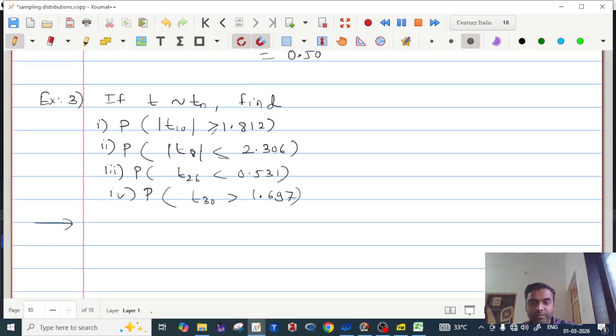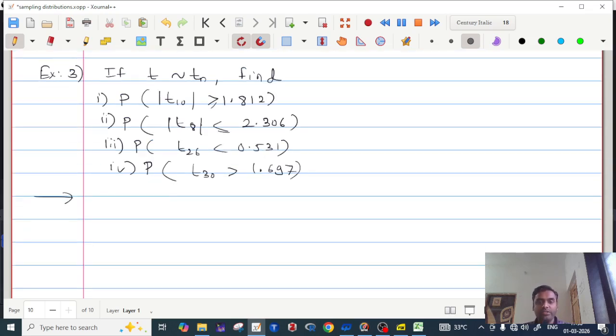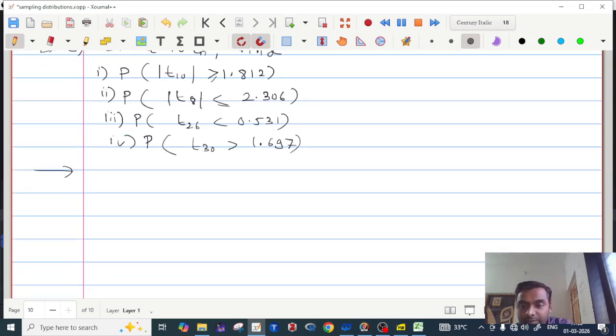Let's see the solution. The t distribution is symmetric around mean 0, and its probabilities are computed this way. This is alpha by 2, and this is alpha by 2.